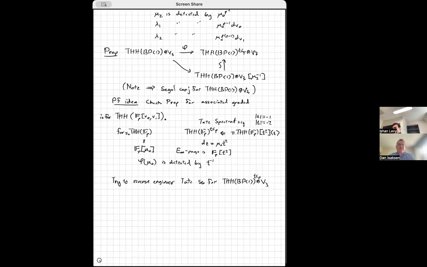And so there's a key input that you need, which is the following.